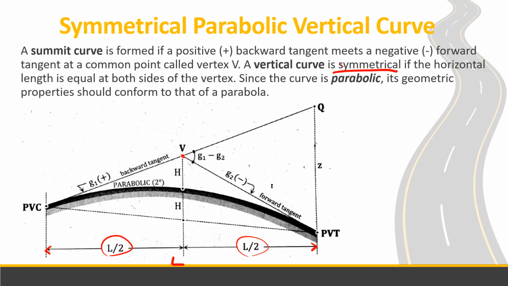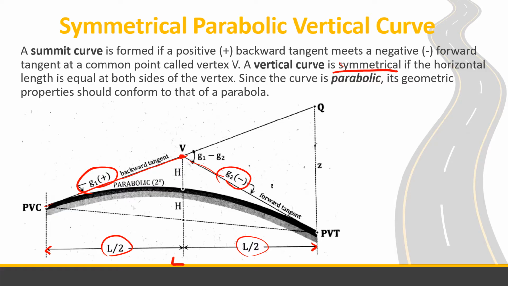Okay, so this is the vertex, this line is the backward tangent, and this is the forward tangent. Since the backward tangent on a summit curve goes upward, the grade of the slope is positive. Then the forward tangent goes downward, so the grade of the slope is negative.